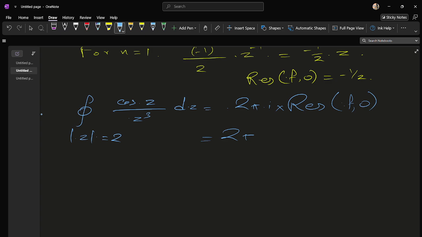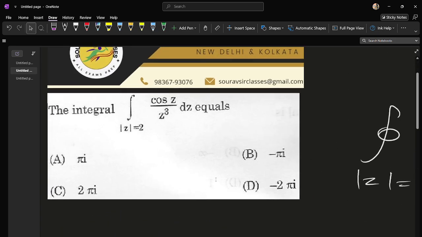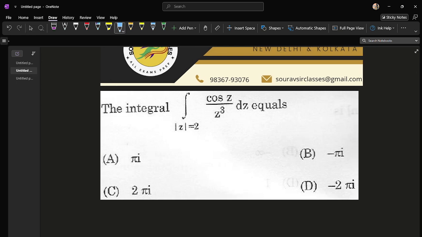So we get 2 pi I into minus half, and our answer will be minus pi I. So I think this is our option B, the correct answer to this question.